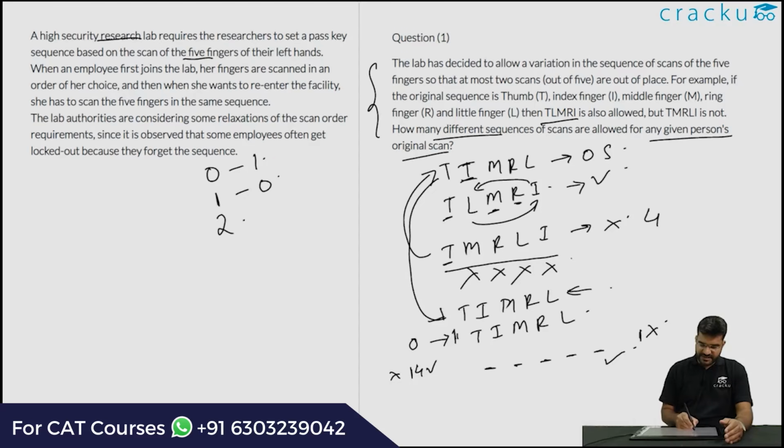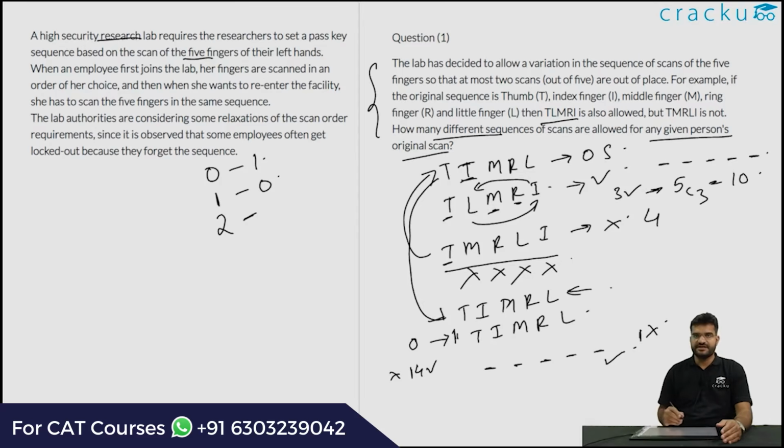Now let us look at the number of cases in which exactly 2 fingers are out of place. So again, let us draw 5 blanks, in which we will first select the number of ways in which we can select the keys which are in the right place. So the 3 fingers which are in the right place can be selected out of these 5 blanks in 5C3 ways. That is 5C3 is 10.